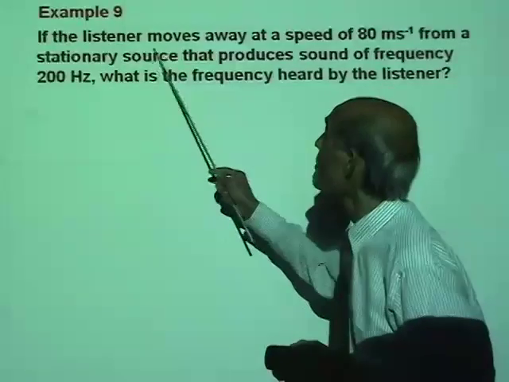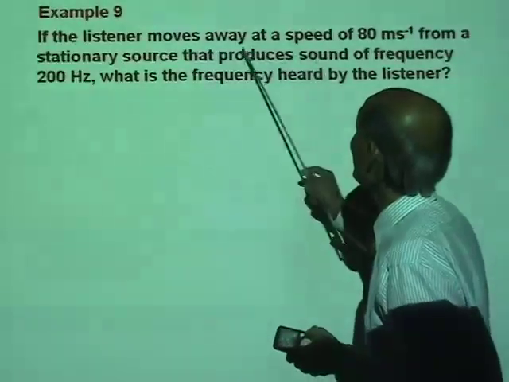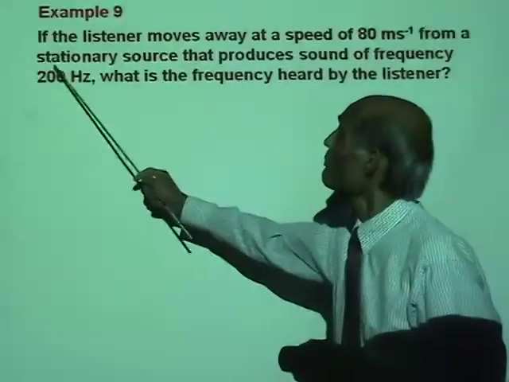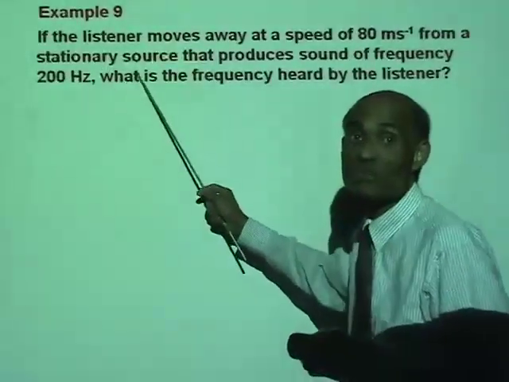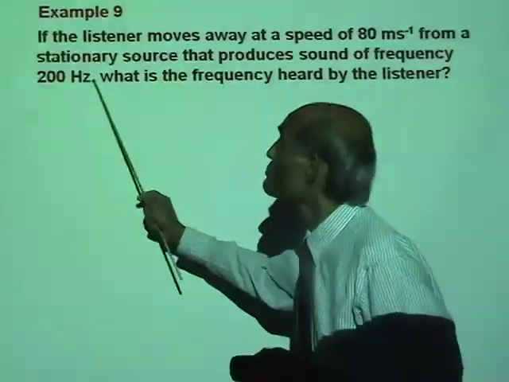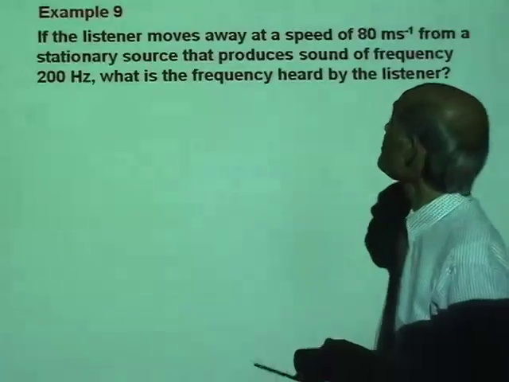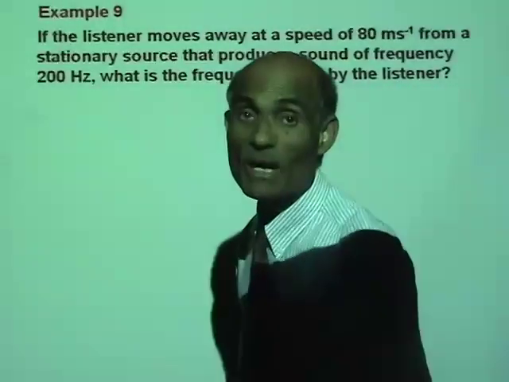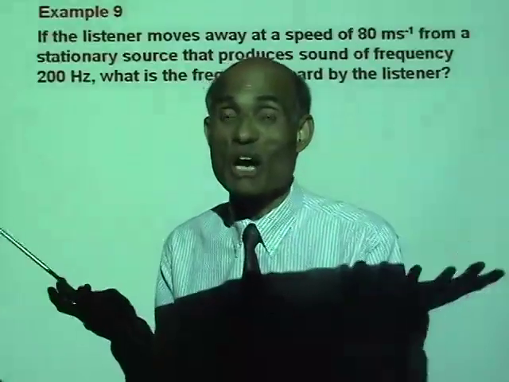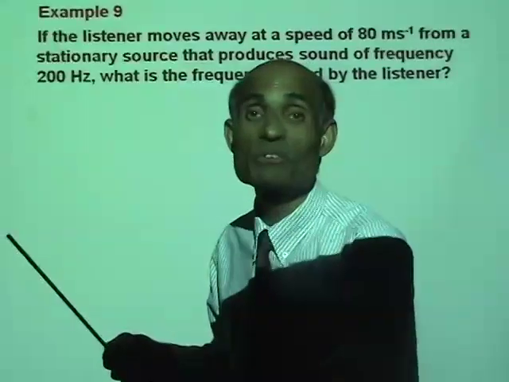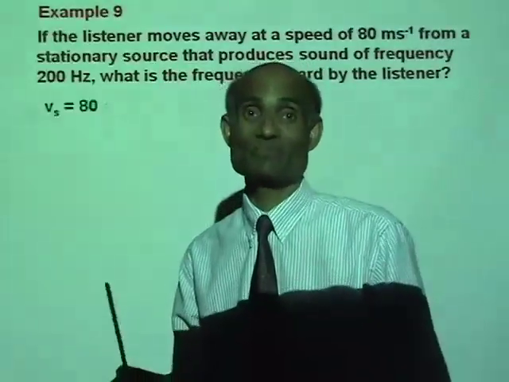Okay, let's do another problem. If the listener moves away at a speed of 80 meters per second from a stationary source that produces a sound of frequency of 200 Hertz, what is the frequency heard by the listener? Now remember, if the speed of sound is not given in a problem, you can always use it as 340 meters per second.